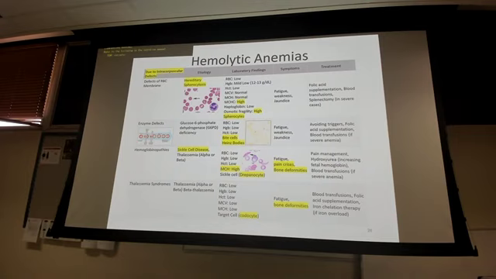We have the osmotic fragility test. We'll talk about that a little bit more in block 2. But you'll have these high spherocytes. And that is indicative of hereditary spherocytosis. So please highlight that. The rest of these, if you can read it, that's fine. But hereditary spherocytosis is really likely. Okay.